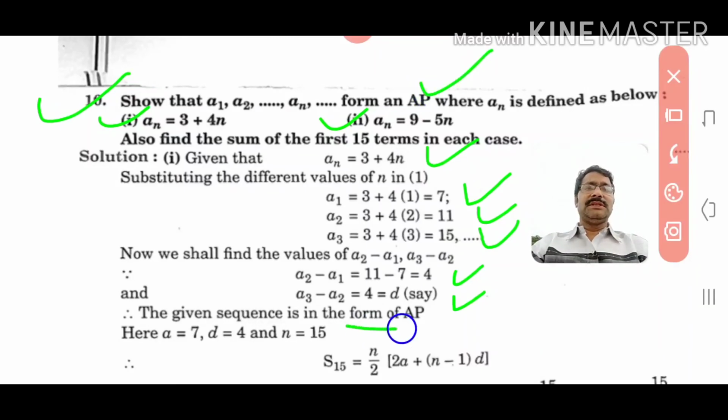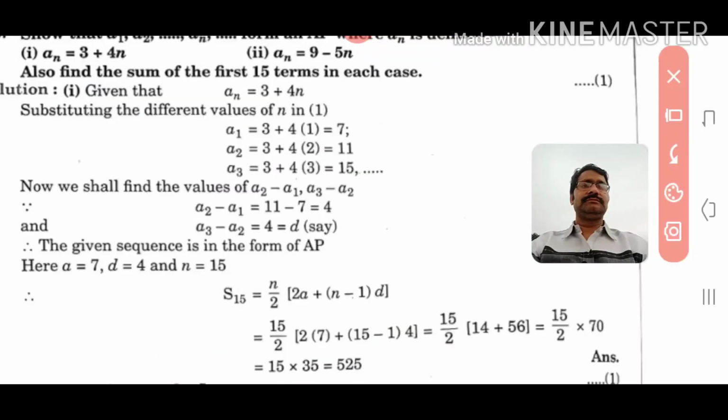So this sequence is in the form of AP. a equal to 7 and d equal to 4 and n equal to 15, means we have to find the sum of 15 terms. So look here, Sn formula equal to n by 2, 2a plus (n minus 1)d. We will put all these values, a equal to 7, d equal to 4 and n equal to 15.